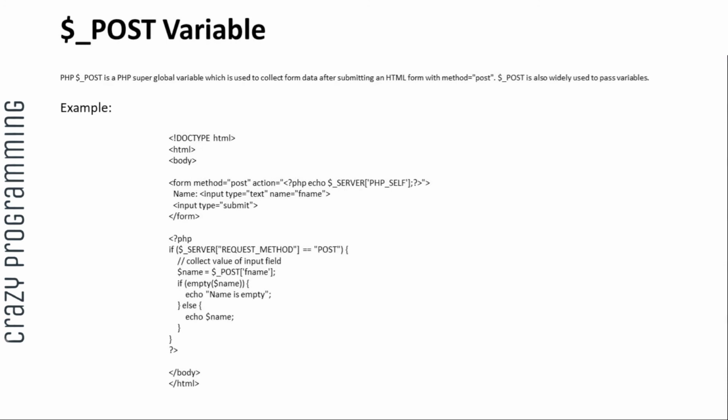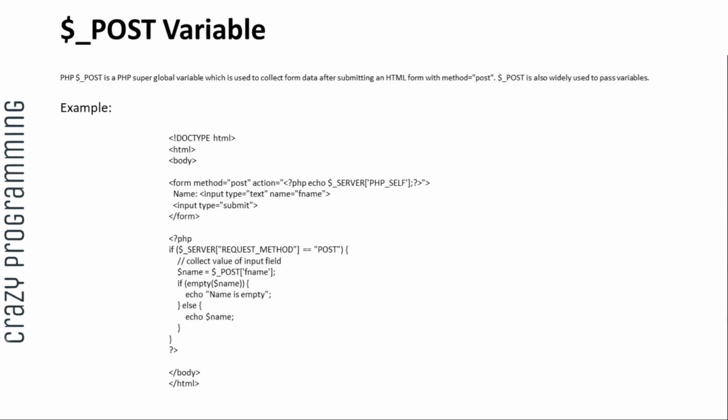It's time for the post variables. So let's understand what the post variables are. PHP post is a PHP superglobal variable which is used to collect form data after submitting the HTML form with method post. Post is also widely used to pass variables. The basic and clear thing I want to say about post is that it is also used to secure your personal data.